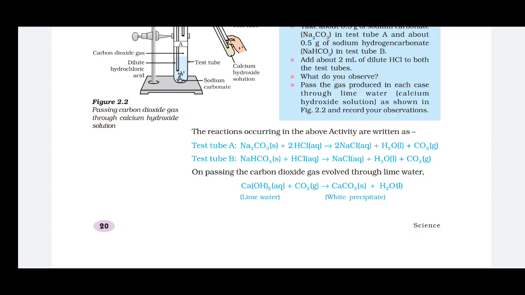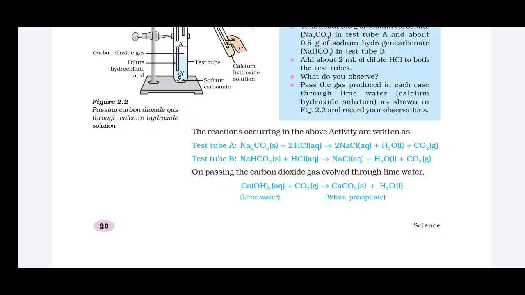In test tube A you have sodium carbonate and dilute HCl, and carbon dioxide gas is released after the reaction. Test tube A: Na2CO3, sodium carbonate, plus 2 HCl gives 2 NaCl plus H2O plus CO2.